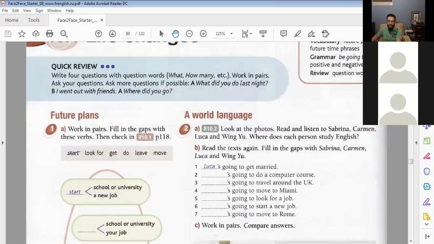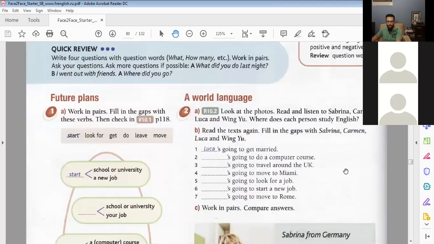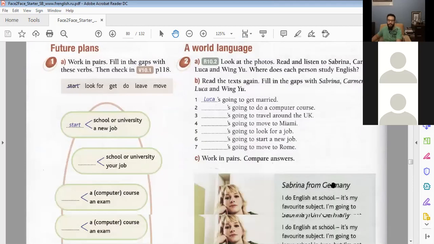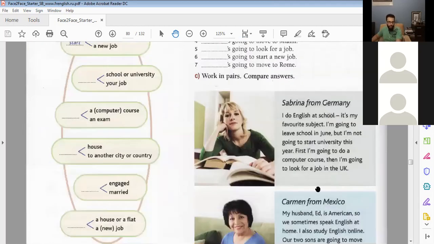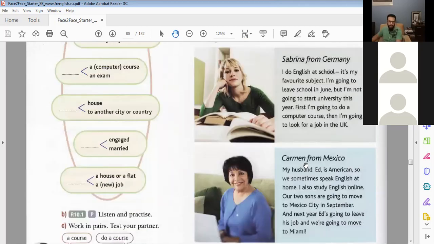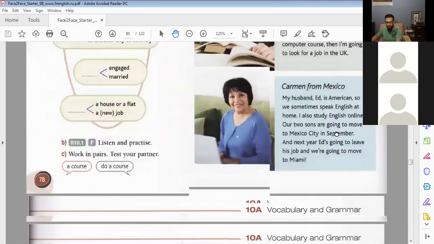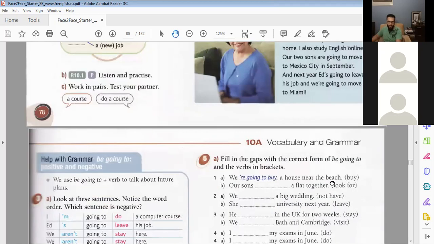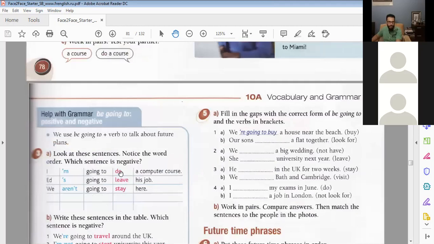For example, I'm going to move to the USA. I'm going to start a new job. We're going to learn something new. He's going to drive to Mexico, for example, right? So we just add going to and add the verb. I'm going to do a computer course.